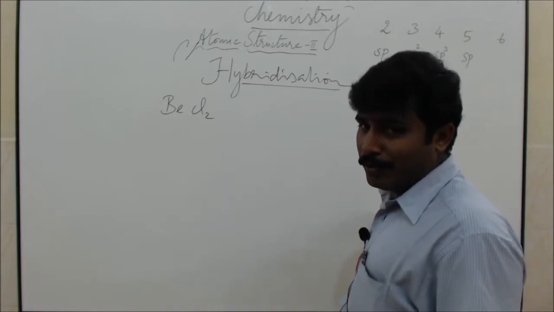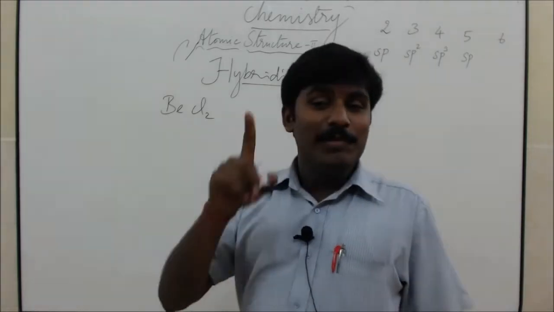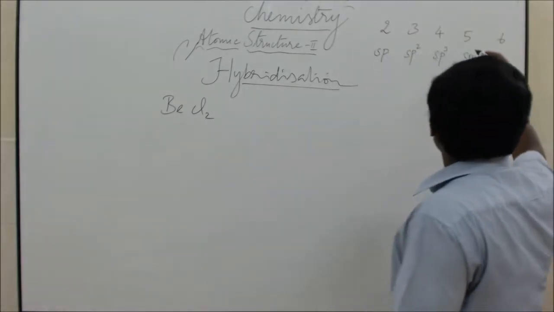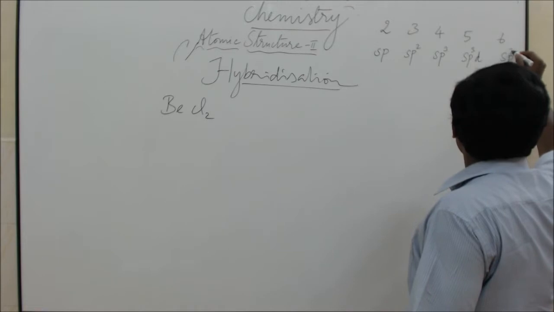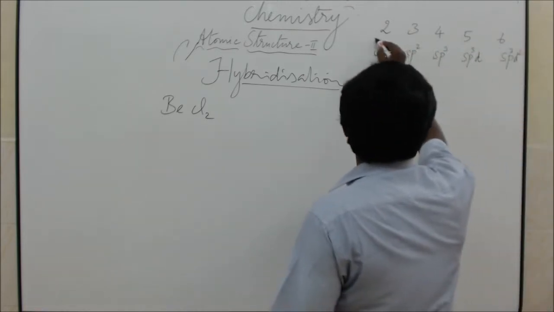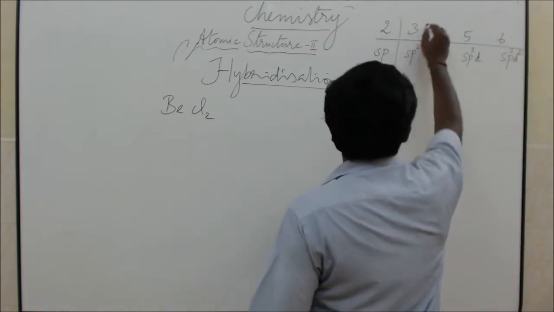Is that possible? No, because p orbital can split into 3 types only, x, y, z. So 5 means sp3d. 6 means sp3d2. It's common.